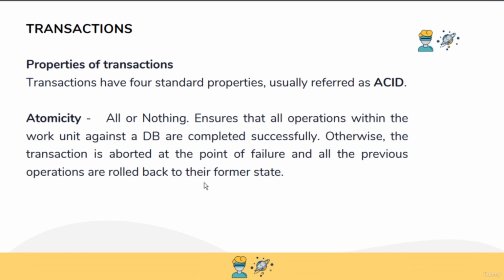Transactions have 4 standard properties, usually referred to as the acronym ACID. A stands for atomicity, all or nothing. It ensures that all operations within the work unit against a database are completed successfully. Otherwise, the transaction is aborted at the point of failure and all the previous operations are rolled back to their former state.